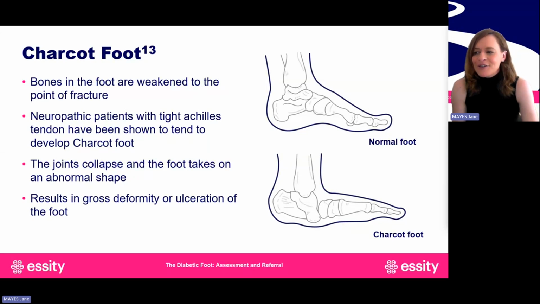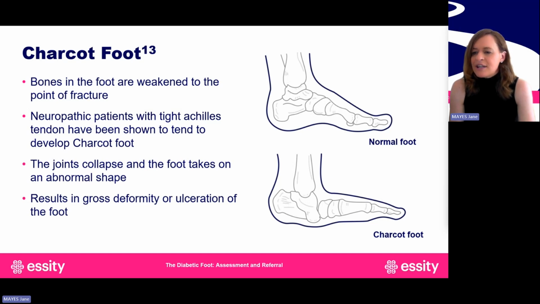The Charcot foot can affect people with neuropathy, nerve damage, and what that means is the bones in the foot become very fragile and they start to break and dislocate, and pretty much a deformed foot appears in front of you. The commonest cause of Charcot foot is diabetes, so it's a good indicator. However, you can see it in patients that don't have diabetes as well, but it is more common in those patients with diabetes.